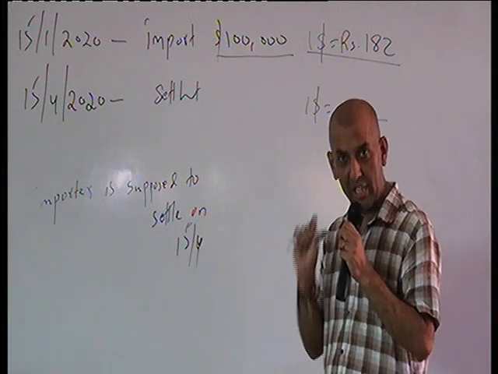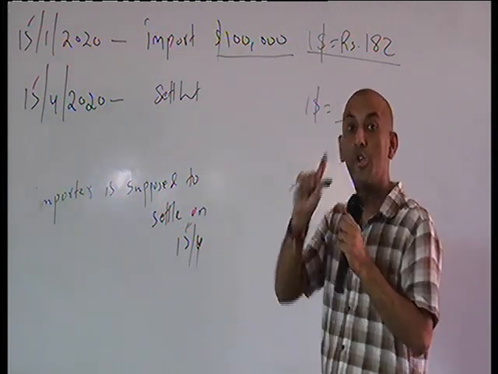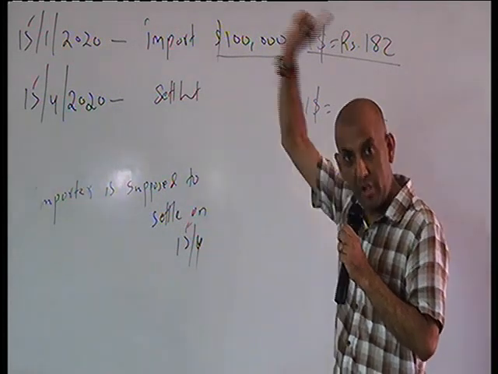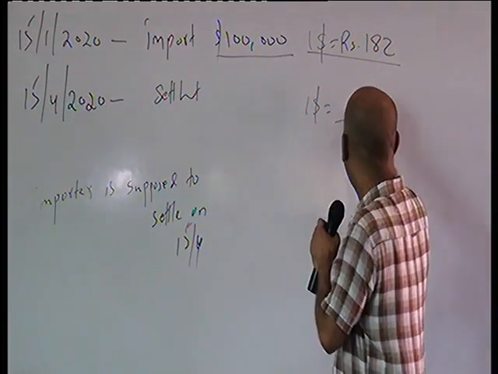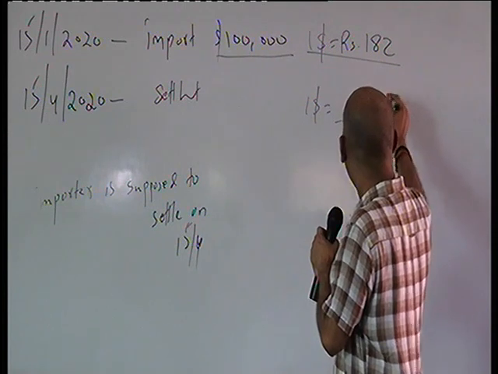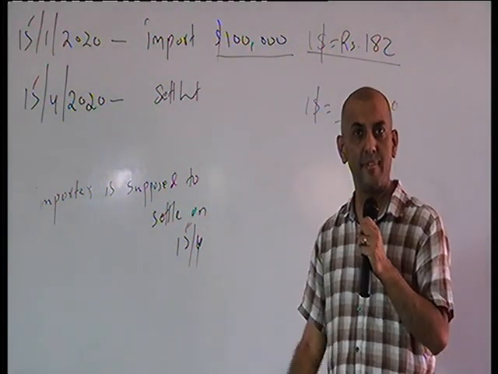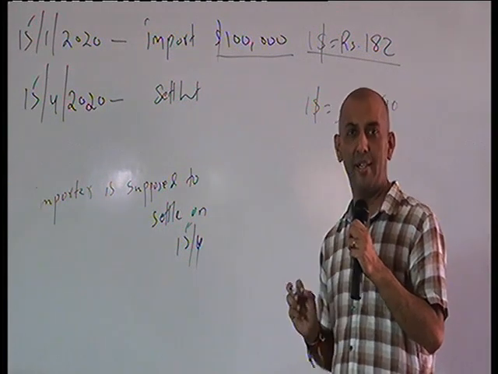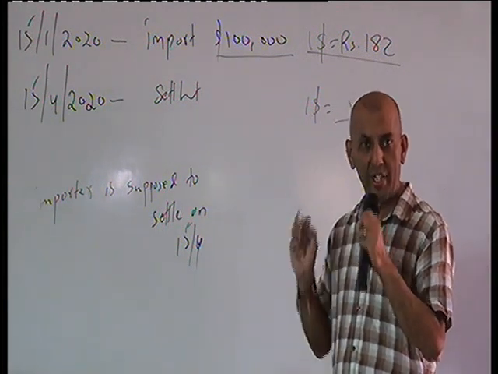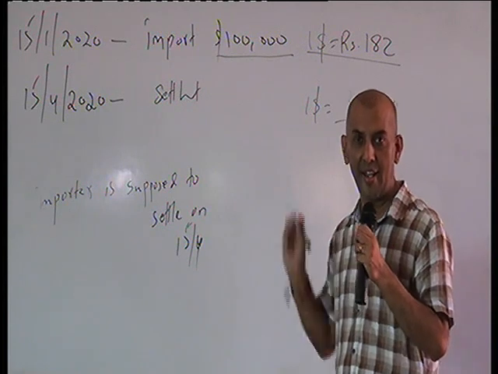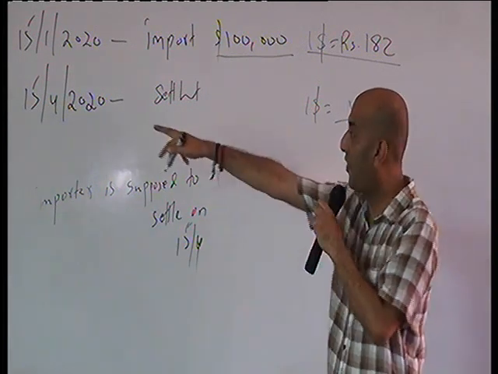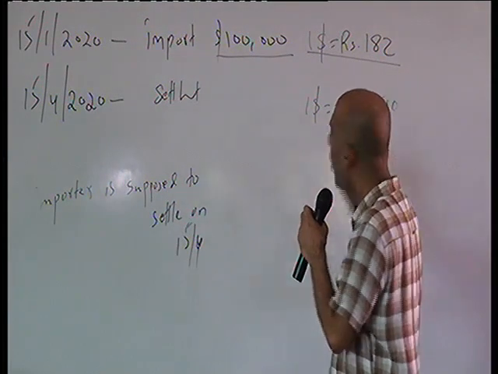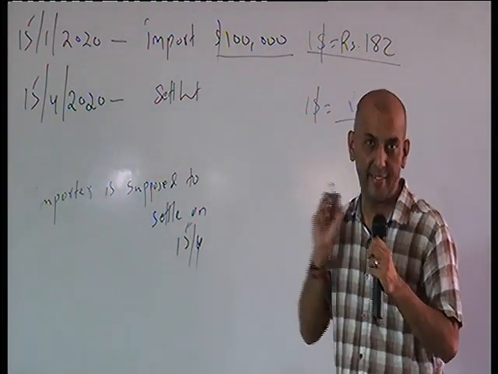I am willing to sell $100,000 to you on 15th of April 2020 to settle your supplier at 190. So bank and customer agree to do the transaction at 190 on 15th of April 2020. This is the forward exchange contract rate.